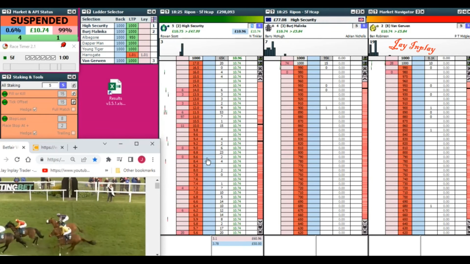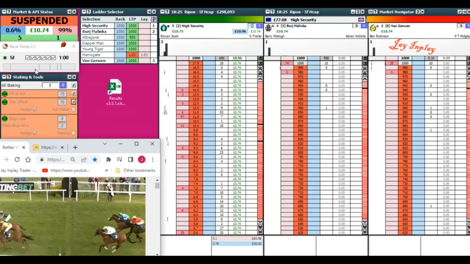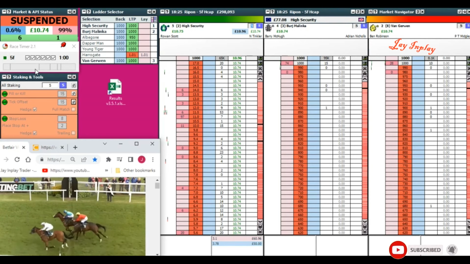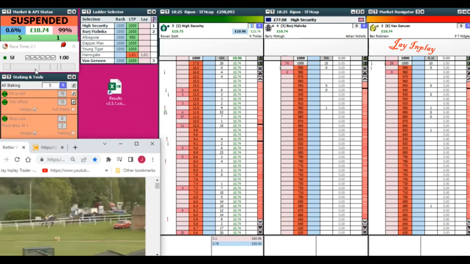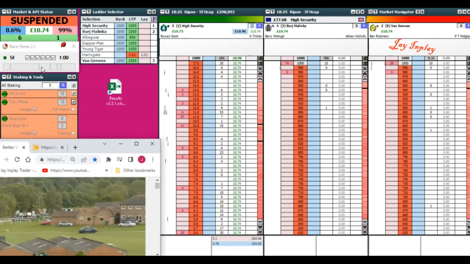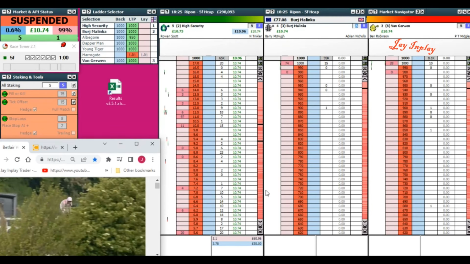As the price went out at the start, I was thinking about closing off, but thankfully I had the race timer, so the race timer allowed me to stay in a little bit longer. Obviously, I was watching the race as well, making sure the horse wasn't going to blatantly get smashed, and we had a good chance of matching. Had we got into this stage here, we would have had to close off, even if it had been a £20, £30 loss. But there you go, £10.74 using the race timer.